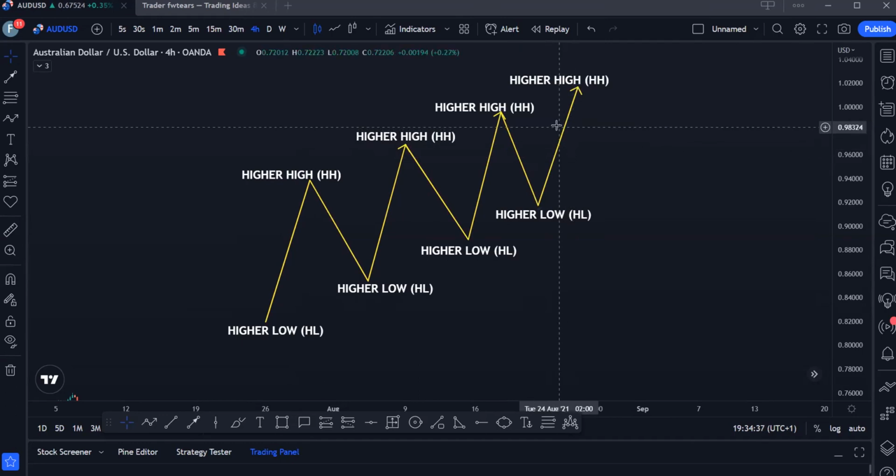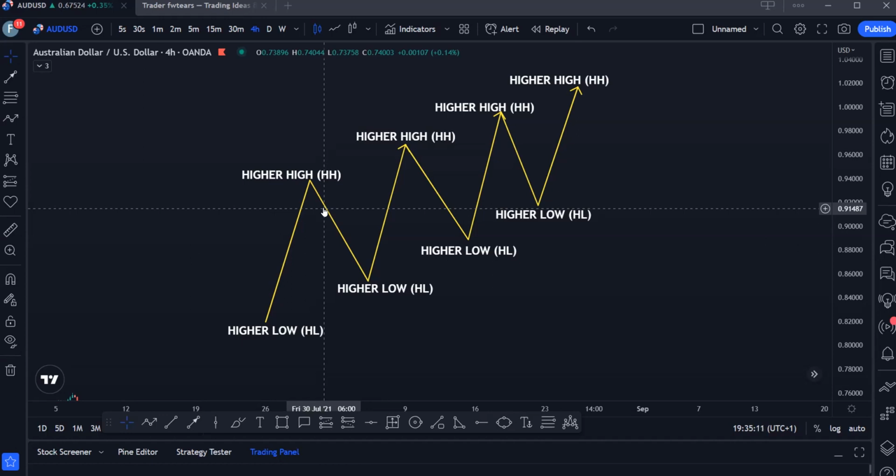All right. Now, why are we teaching you what an uptrend is? Because when you identify that price is in an uptrend, it is recommended that you only look for buy opportunities. Okay, write it down, guys. When price is in an uptrend, you want to be looking for buy opportunities, right?